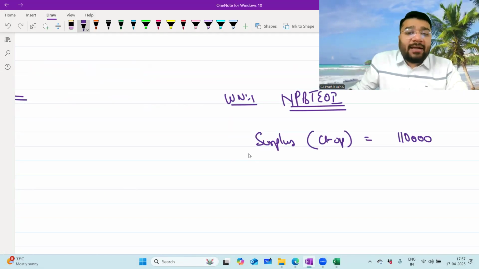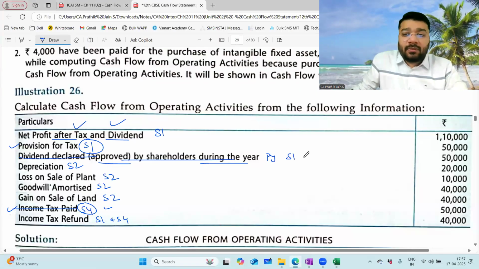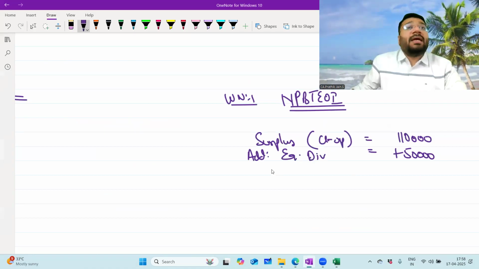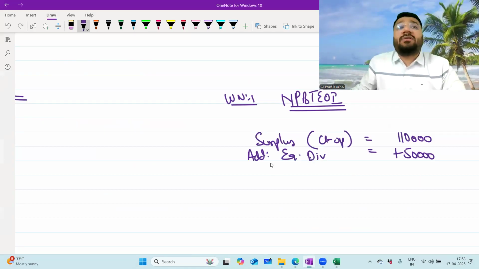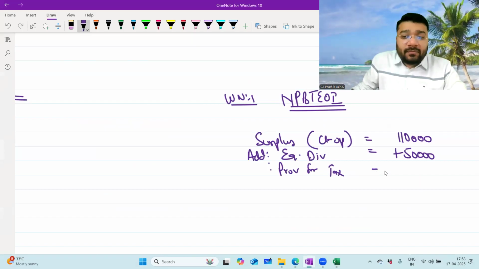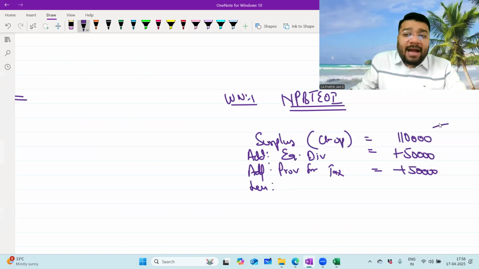With this, I'm supposed to add equity dividend. Do we have equity dividend? Yes. How much is it? 50,000. Any preference dividend? Interim dividend? Transfer to reserves? No. Any provision for tax? Yes. So provision for tax, how much? 50,000. Any refund of tax? Yes. So the refund of tax is already added in this.